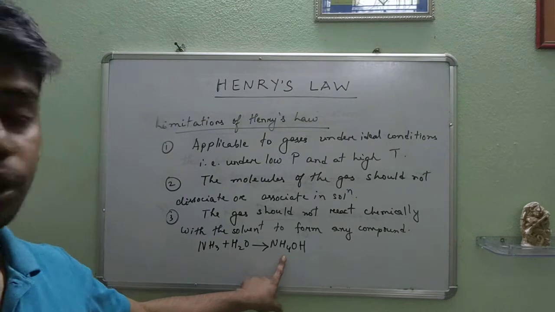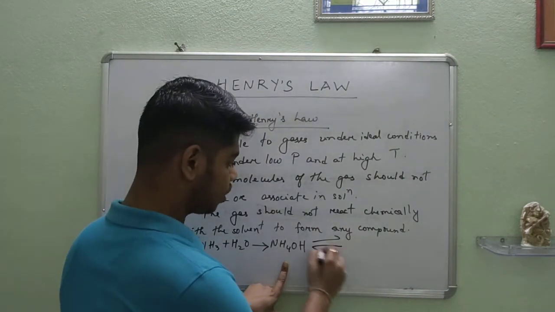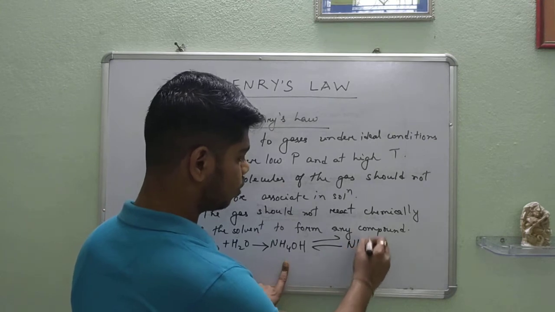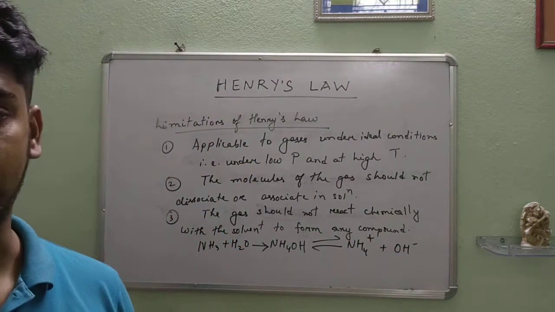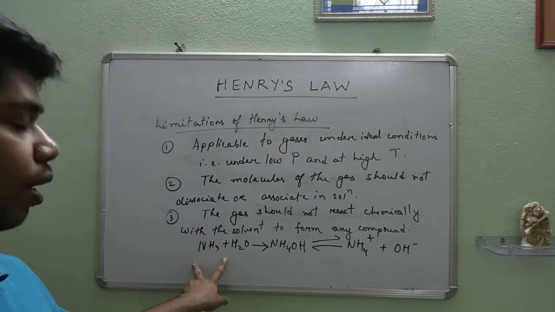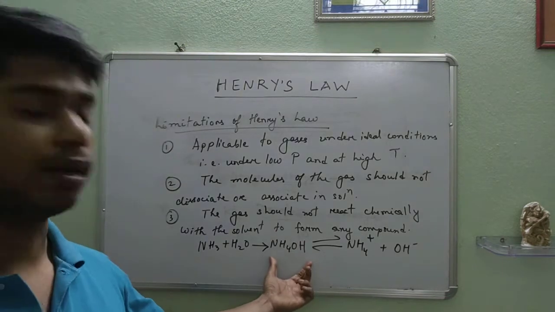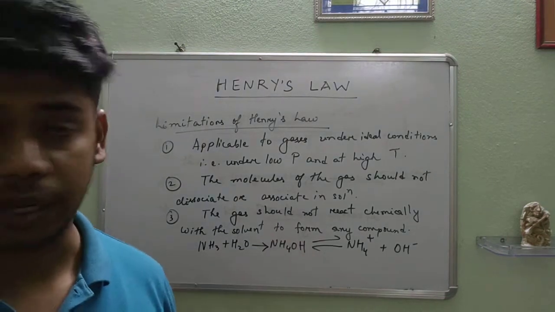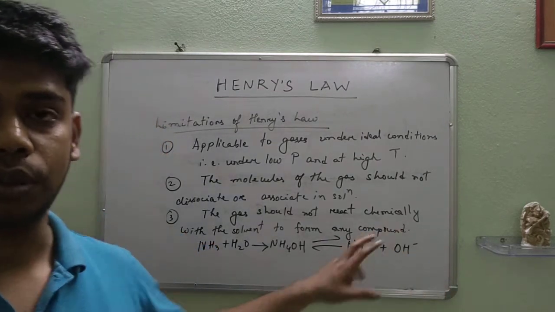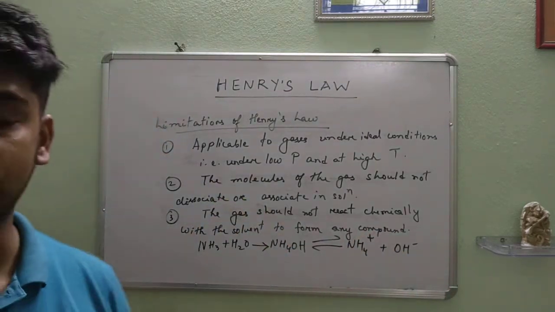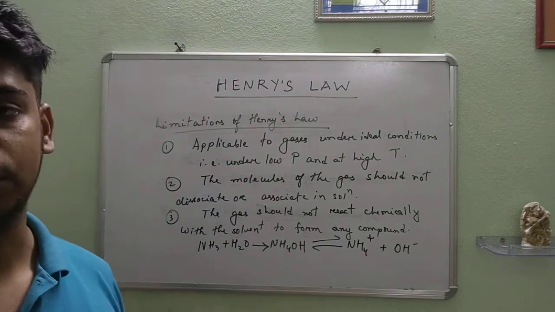Moreover, this ammonium hydroxide, being a weak base, also dissociates into NH4 plus ion and OH minus ion. So here two conditions are violated: it reacts chemically, and further the ammonium hydroxide dissociates into ammonium ion and hydroxide ion, violating the second condition. That is why Henry's law is not applicable to this gas.